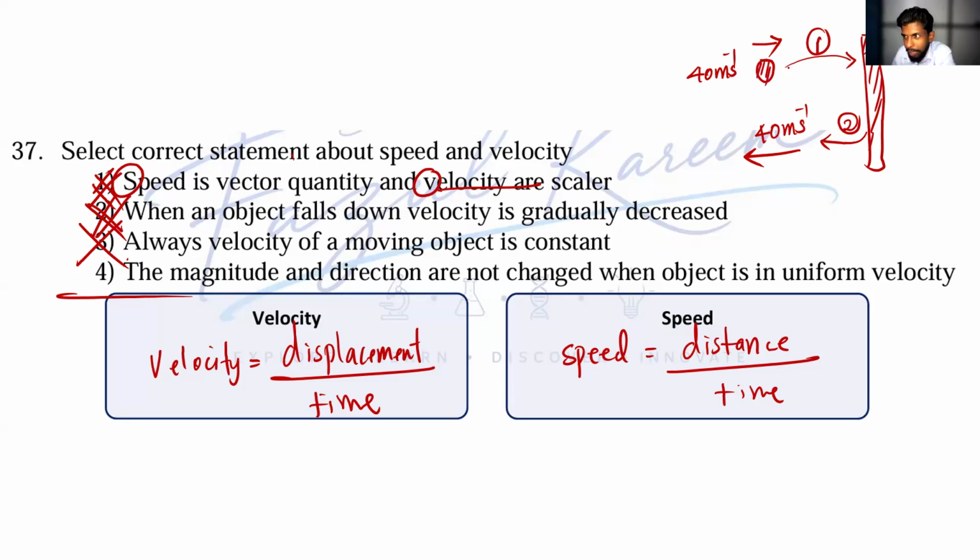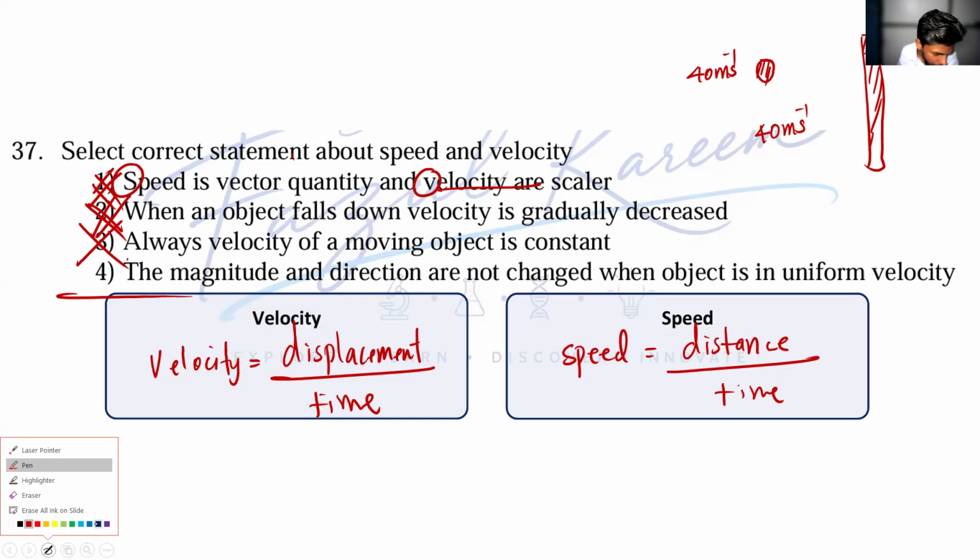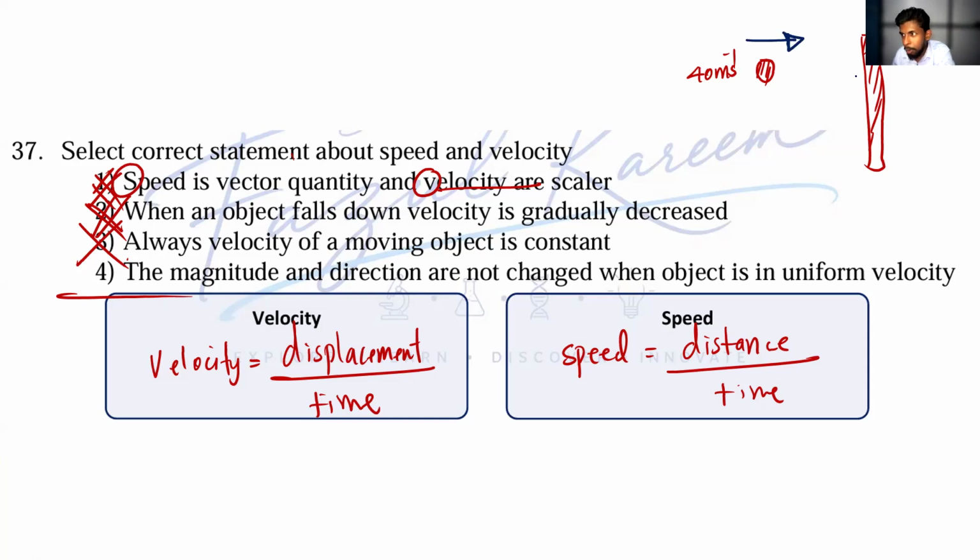The ball is moving towards the wall in this direction, right? Okay, I'm going to erase this and show you the direction in blue color. The ball is moving here like this, and then the ball moves to the wall and bounces back with the velocity of 40 m s^-1.